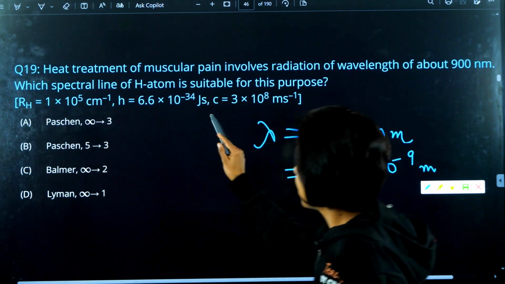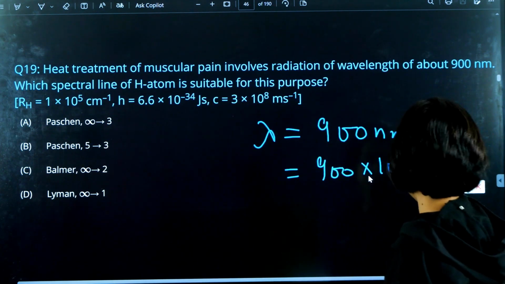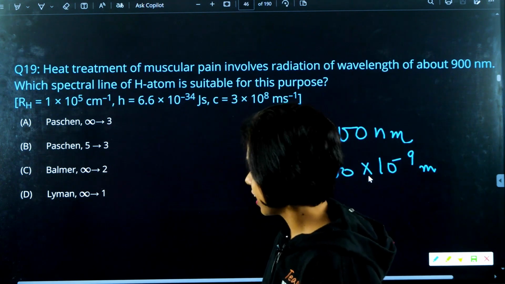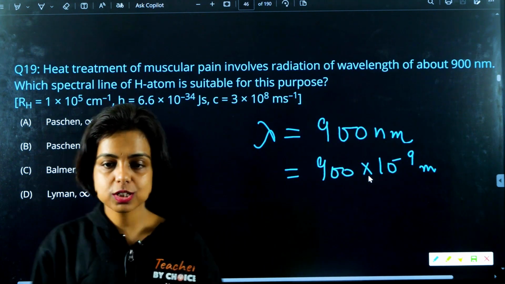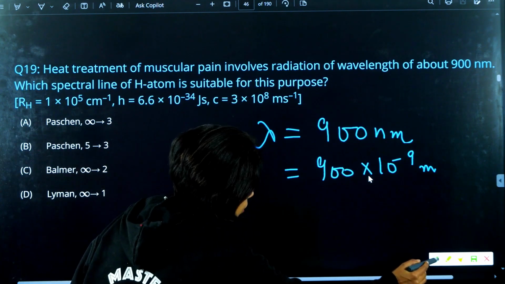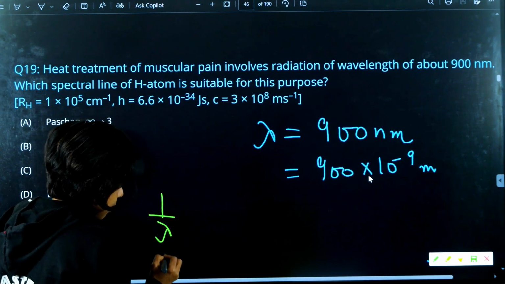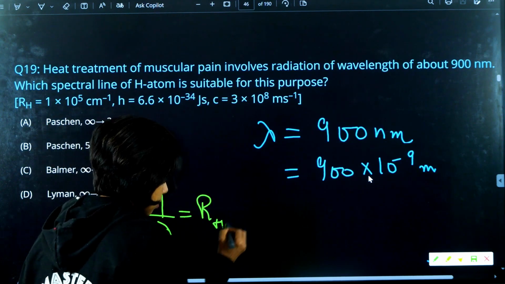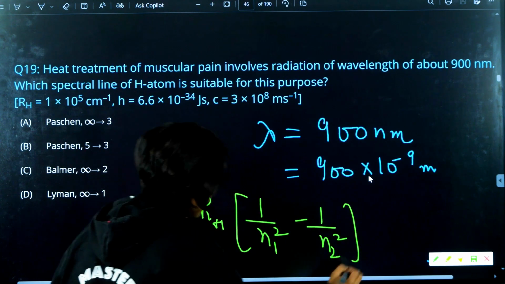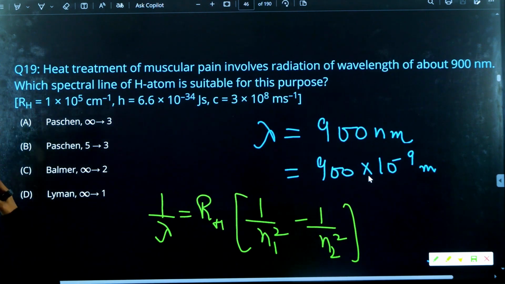Now, which of the spectral lines of hydrogen is suitable for this purpose? Okay, so you are supposed to check the N1, N2 values given here, and check which satisfy the Rydberg's equation. Let's write the Rydberg's equation, guys. 1 over lambda, the wavelength, equals Rydberg constant times 1 over N1 squared minus 1 over N2 squared. Right? Correct?